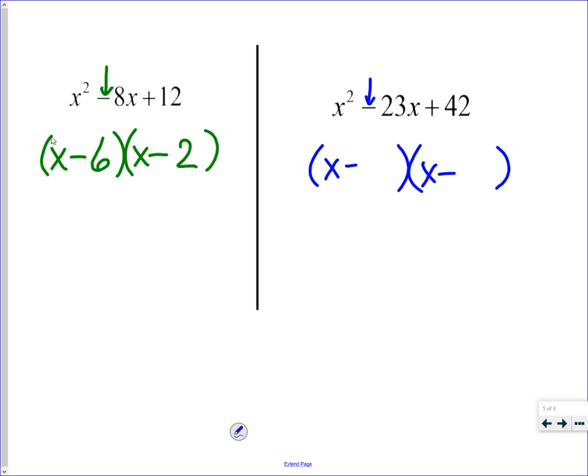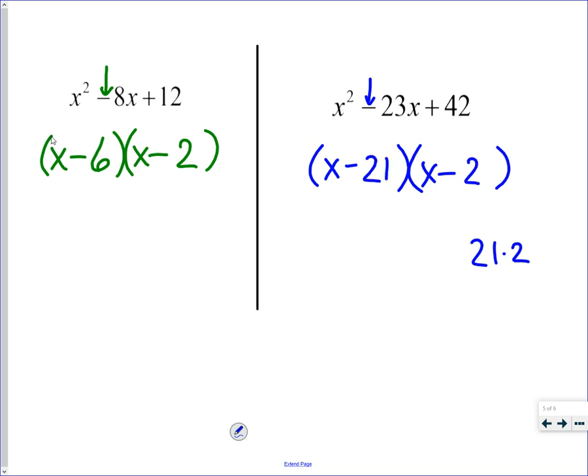Now another option here is you don't really need to make a list of every possible combination, but you gotta just try some until you find the right one, right? So 42 is not gonna be 6 and 7 to get the 23. 42 is even though. So 42 divided by 2 could be 21 times 2, and those do add to be 23.